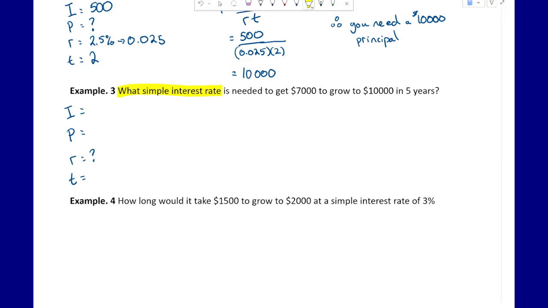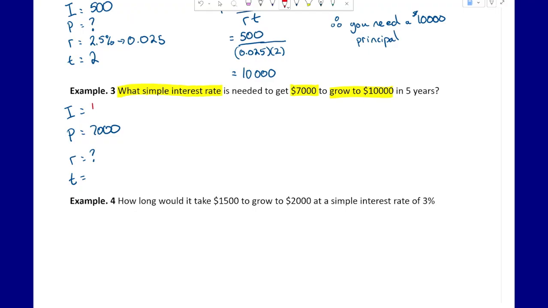Going back to the question, it says to get $7,000 to grow to $10,000. The $7,000 is what we're starting with. To grow to $10,000 means I want a total value of $10,000 at the end of my savings. You want to be careful, because that's not the interest, that's the total amount.